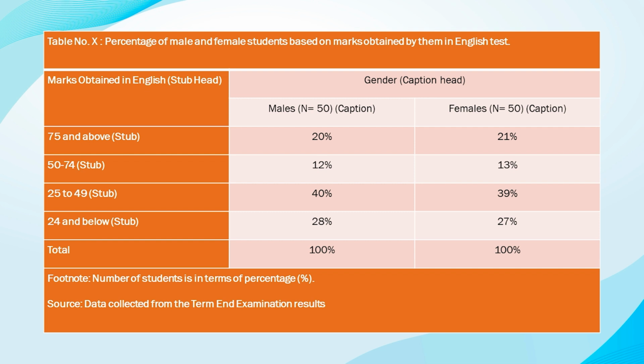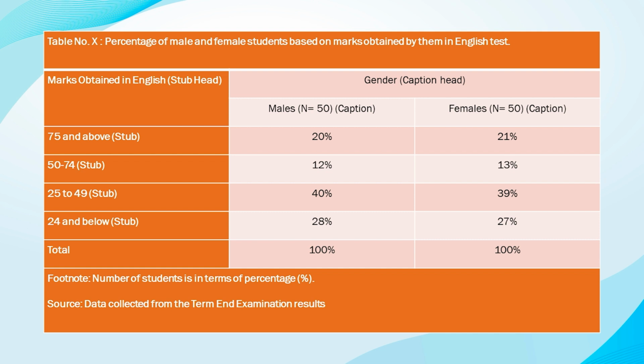For example, here you have a table number, say X, and then there is a title. Say, this is the marks on an English test. Then on the left hand side, you have the stub. Stubs are the captions on the left hand side of the table. We have gender as the caption head.